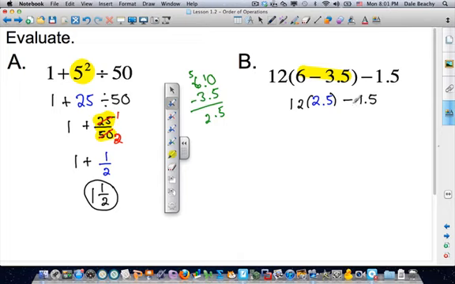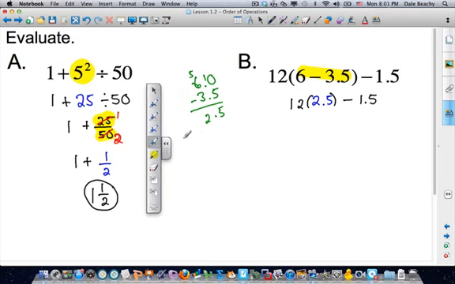Now, we have subtraction and multiplication. Multiplication wins, so I need to multiply 12 times 2.5. Once again, if I need to, I'm going to work off to the side and set up the multiplication problem.